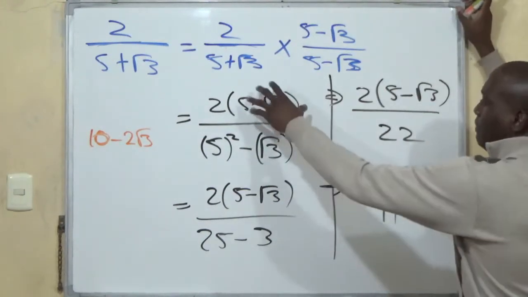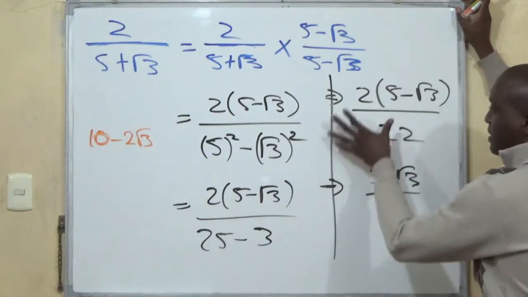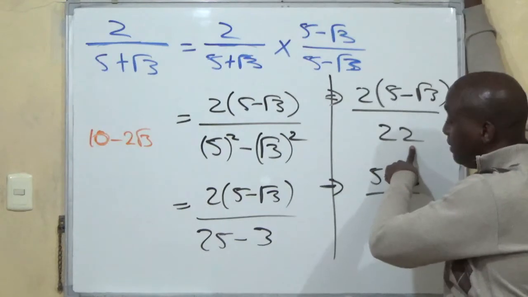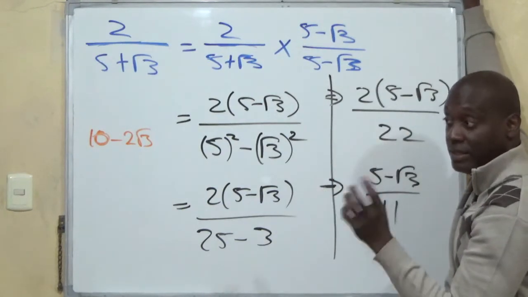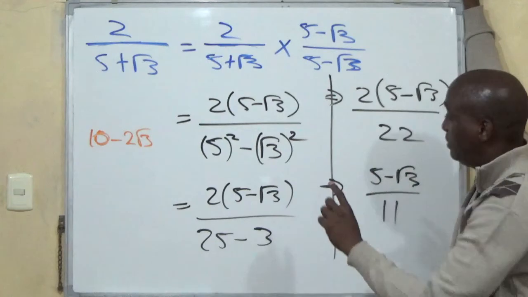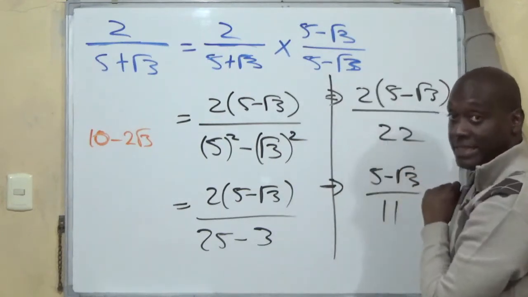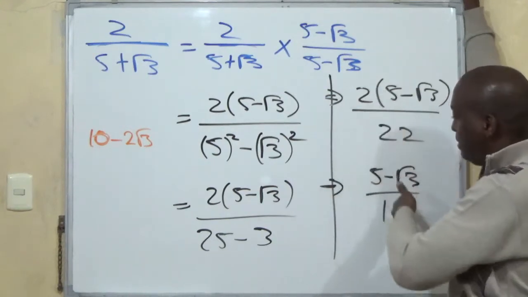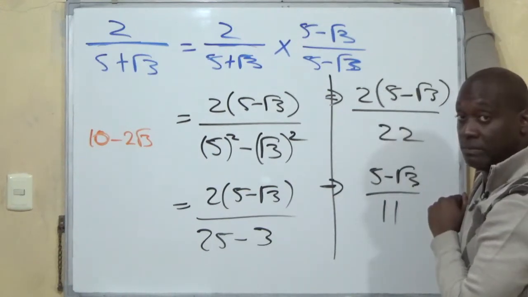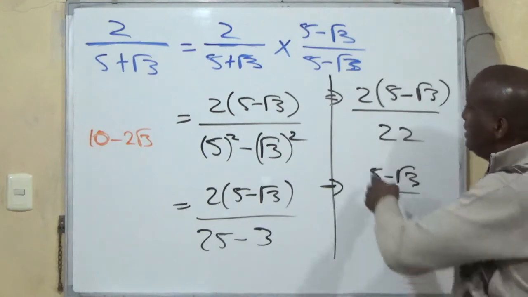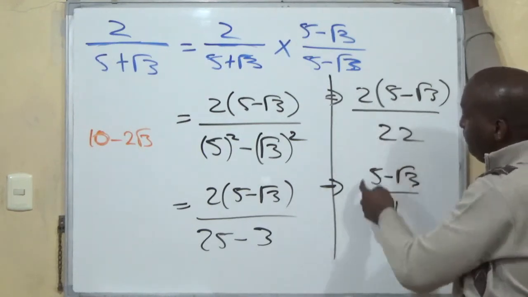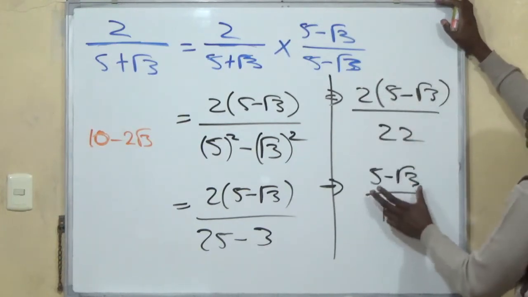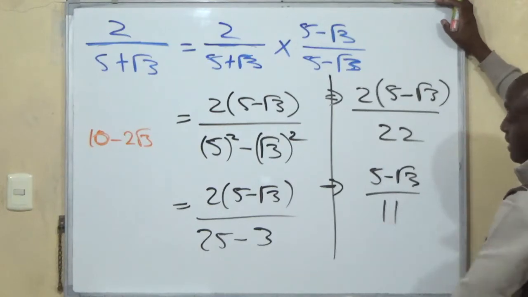The reason being, in the course of your entire process, you might end up with a denominator in the bottom that might either be a factor or a multiple of the integer that you have here. In which case, you could cancel across the fraction. So in this case, 22 over 22 is 11. So you ended up with a simpler version of this, which is 5 minus root 3 over 11.